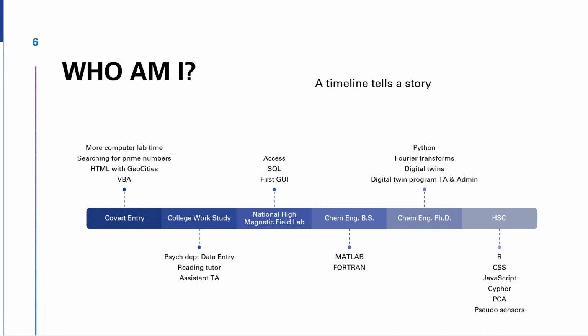But you know, these engineers, they learn all kinds of things. So MATLAB, Fortran. Yeah, we have computer programs for chemical engineering that still run on Fortran. And then moving on to my degree, Python was used for my doctorate a lot. And then moving on to Hemlock, my experience has progressed to R and many other languages and tools.